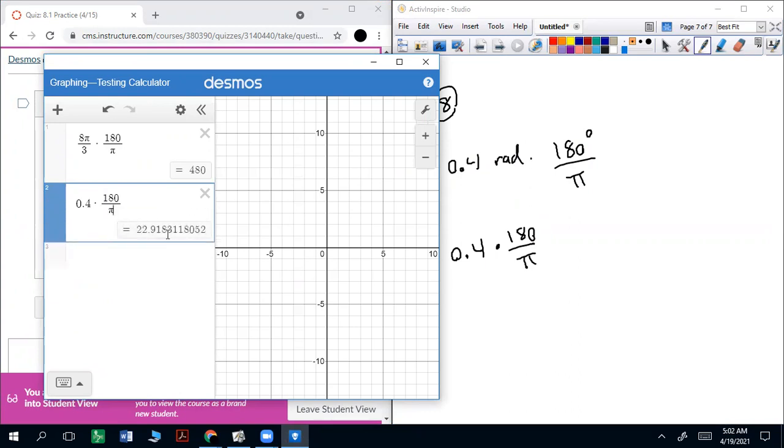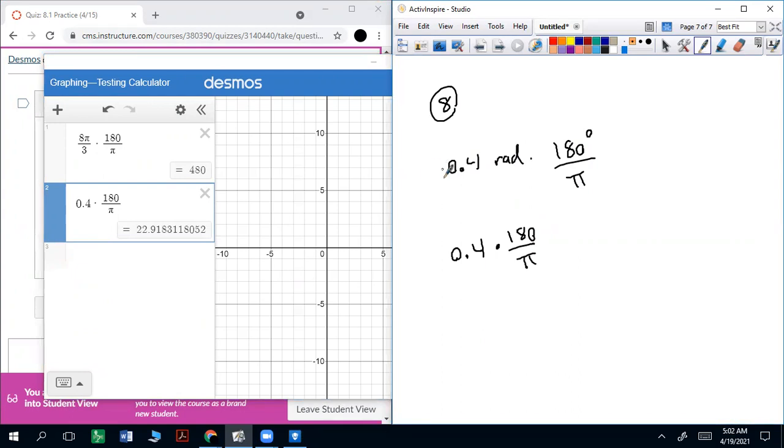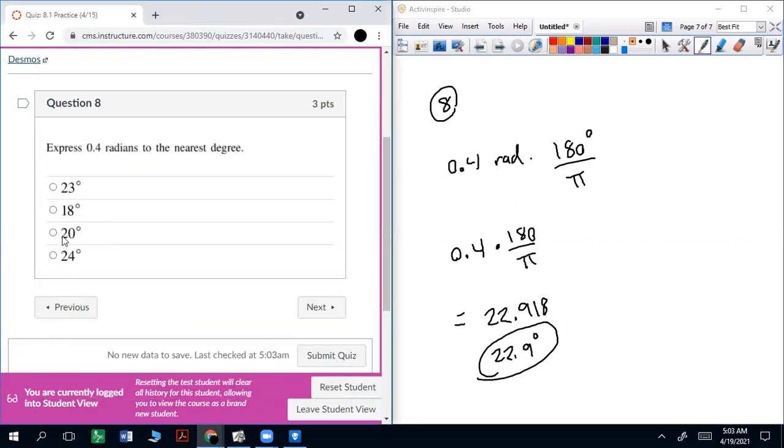And that's 22.9. That's 918, so we're just going to keep that at 22.9 degrees. And that would round to 23. Nearest degree would be 23 degrees.